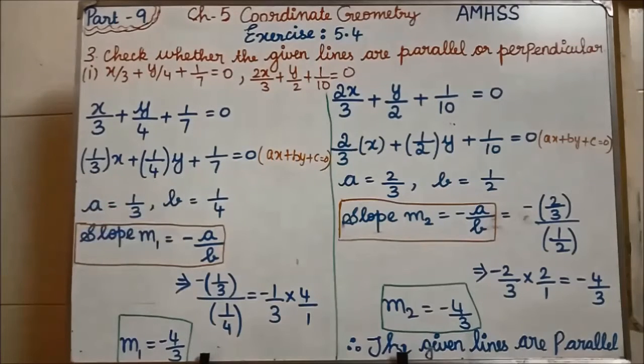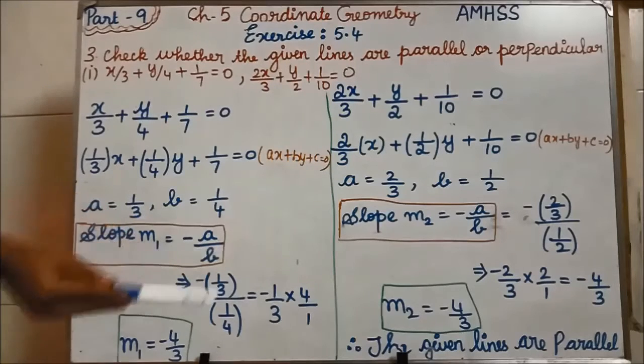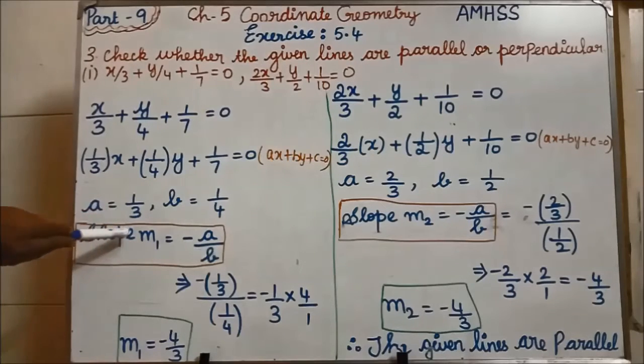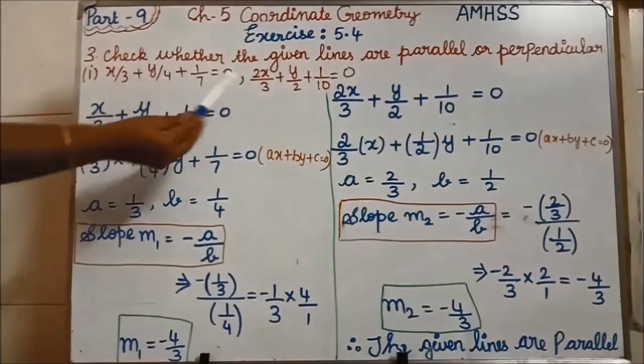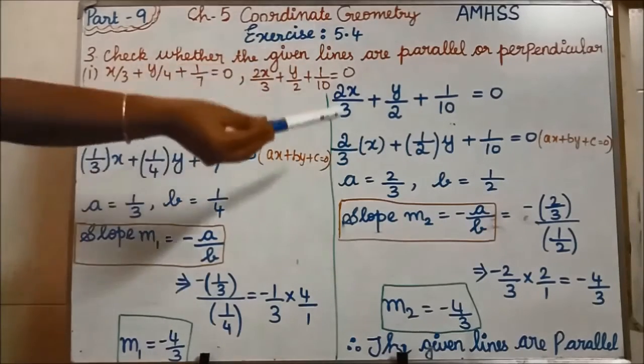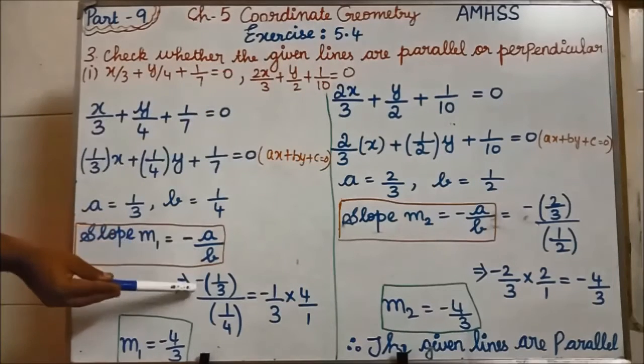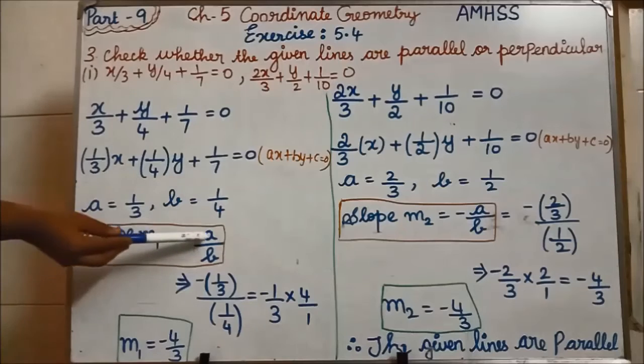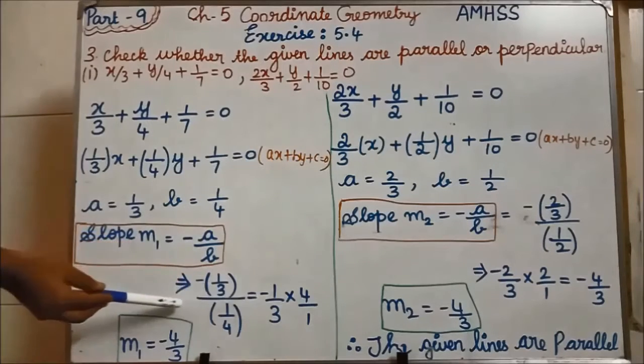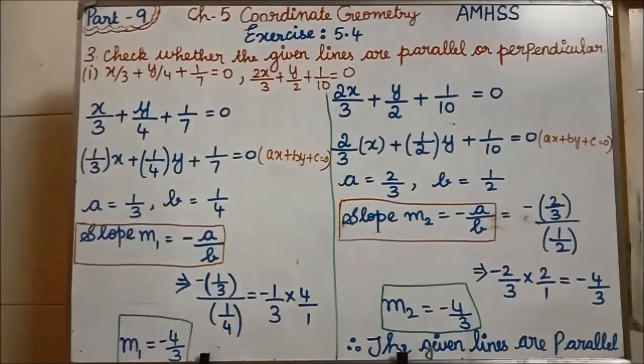Clear? I have told you in the previous problem itself, if they have given an equation and they are asking you to find the slope, the formula is minus a by b. Slope m is equal to minus a by b. Since they have given two equations, we write m1 and m2. Clear? This minus I have written commonly. The a value is 1 by 3 divided by the b value 1 by 4.